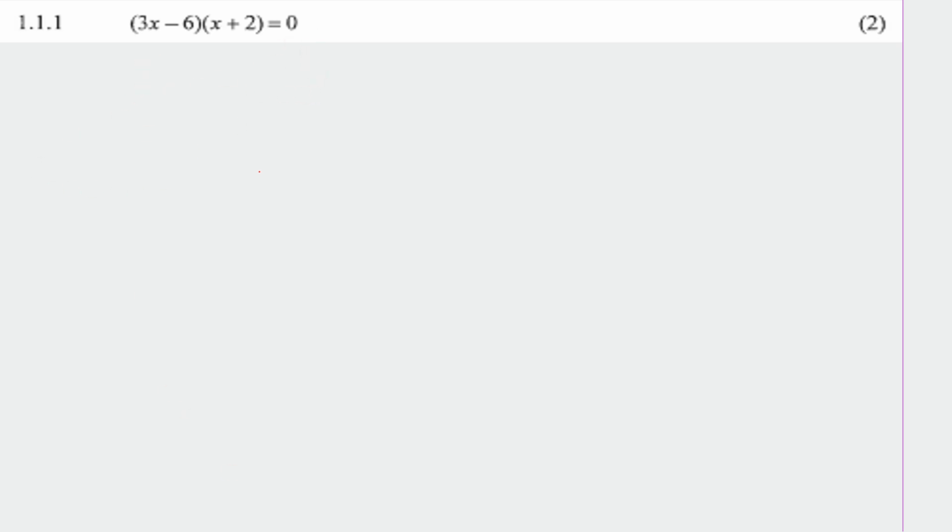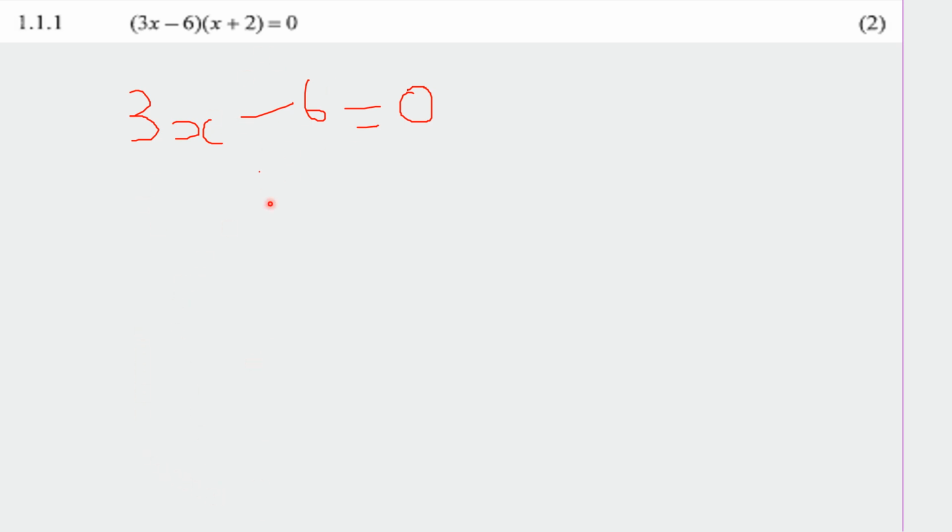So if 3x minus 6 is equal to 0, that means what is on the left will all be equal to 0, because we're left with 0 multiplied by x plus 2, which is 0. Remember that if a coefficient of any number or any variable is 0, that implies everything is 0.